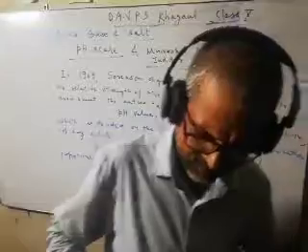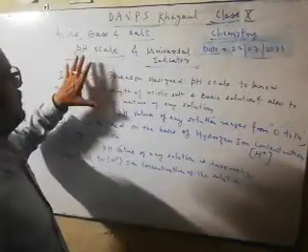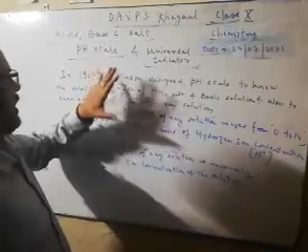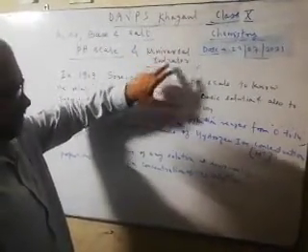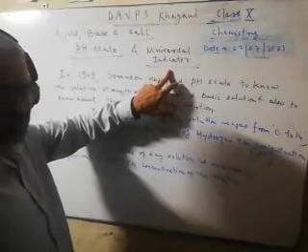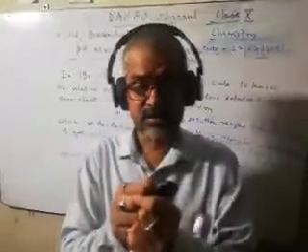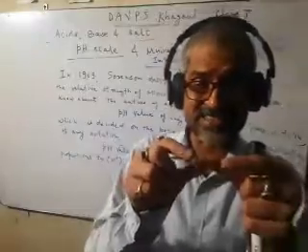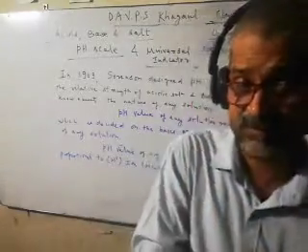So a few points you have to remember about this pH scale and universal indicator. I will talk about universal indicator also. Universal indicator is just like litmus paper. It is a type of indicator.